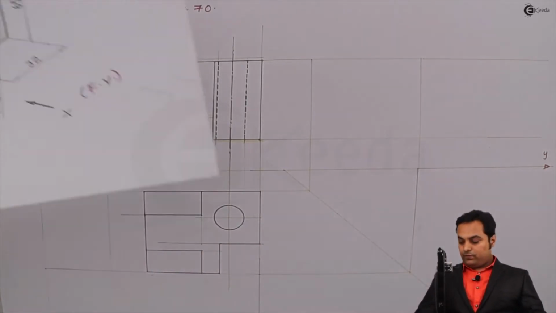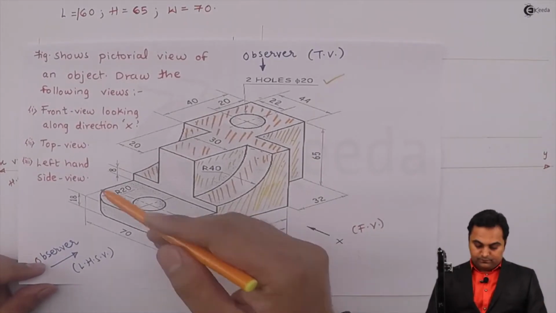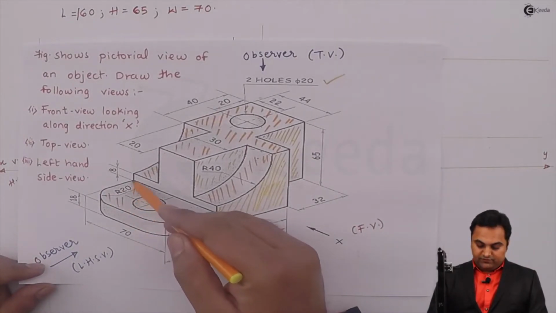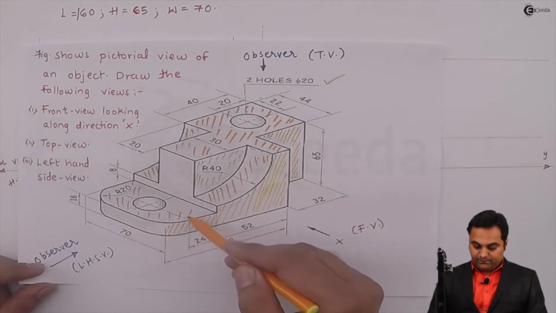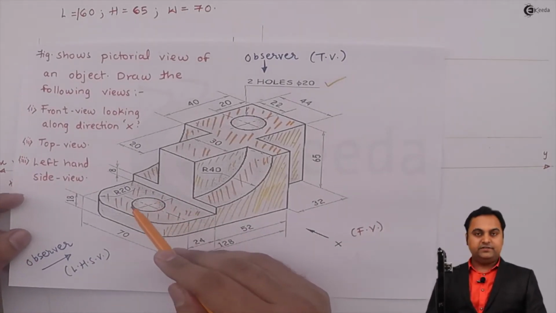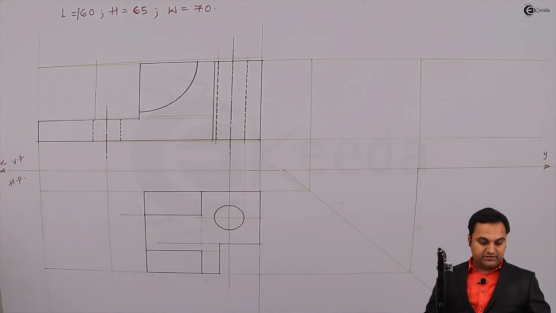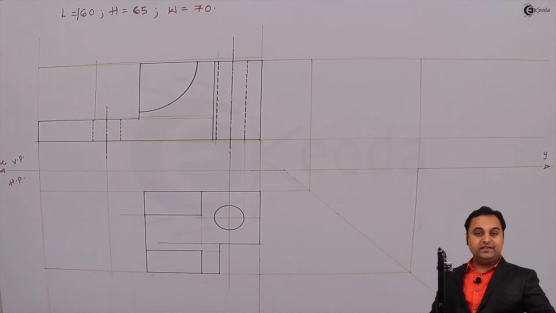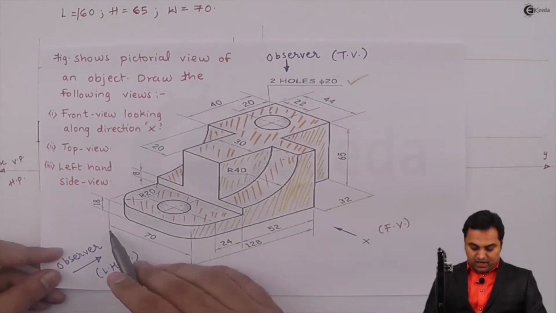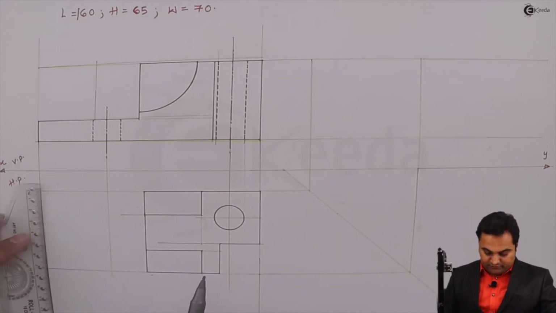Then as we are looking from top, this surface which I am shading here will also be visible, and inside that there is a circle. So first here I have projected the center of that circle, and it is located exactly at half of the width, the center. So I am taking half of that.